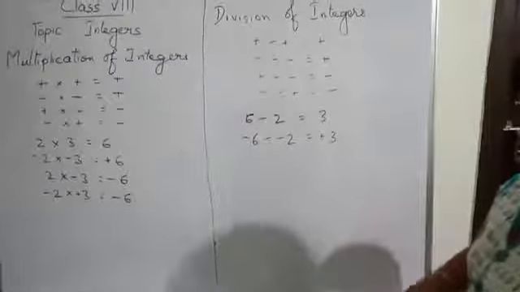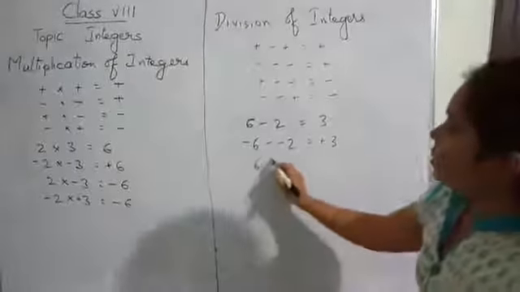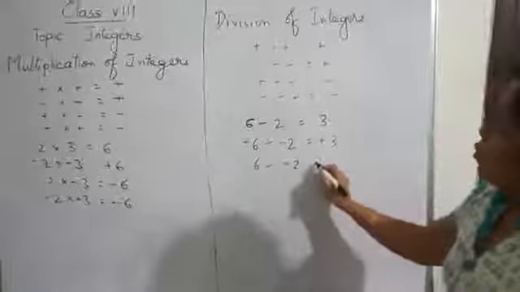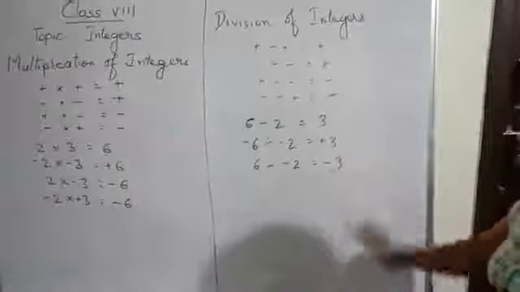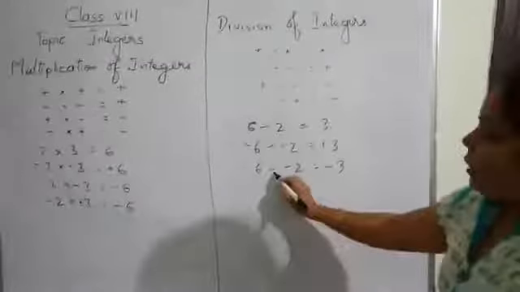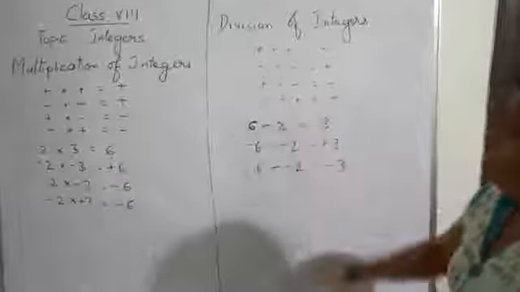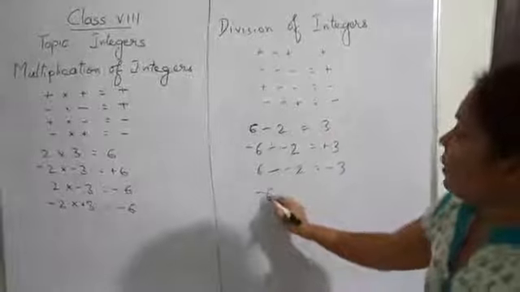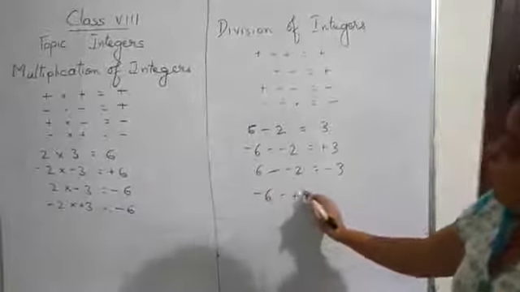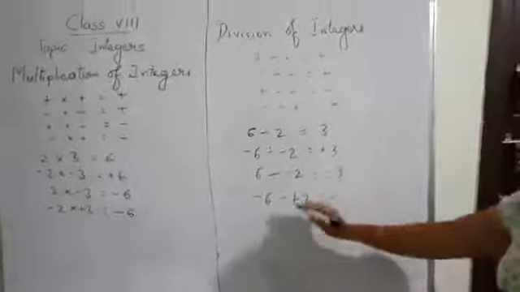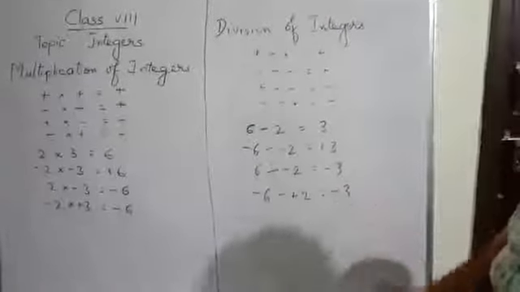Now we take one positive and one negative. 6 divided by minus 2. Plus divided by minus is minus and 6 divided by 2 is 3. Now let us take one negative and one positive. Minus 6 divided by plus 2. Minus divided by plus is minus and 6 divided by 2 is 3.